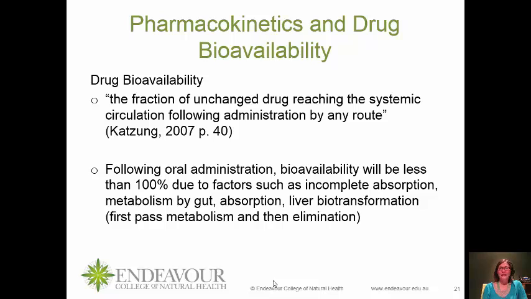We will see that with oral administration, bioavailability is much less than 100%. With the intravenous route of administration, it may be close to 100%, but with the oral route, there are many enzymes in the gut. There are the gut contents itself, how hydrated that person might be.